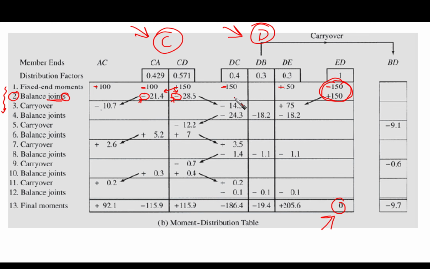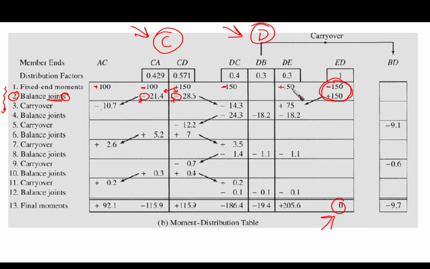Okay, now let's go and balance point D. When we look at point D, we find that we have minus 150 here and positive 150 here. And we do not have any fixed end moments for DB, because there is no loading on member DB or BD, right? So in this case, the balance is already done for us.